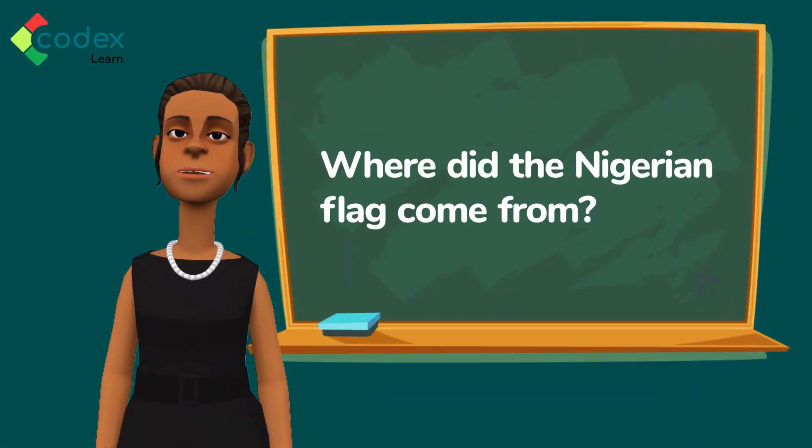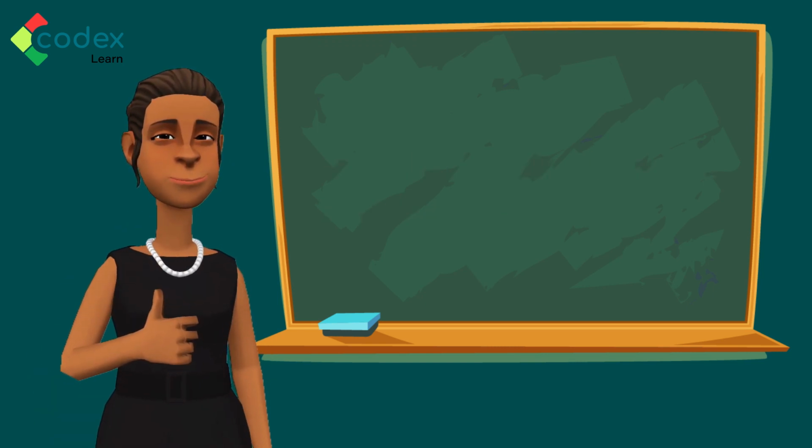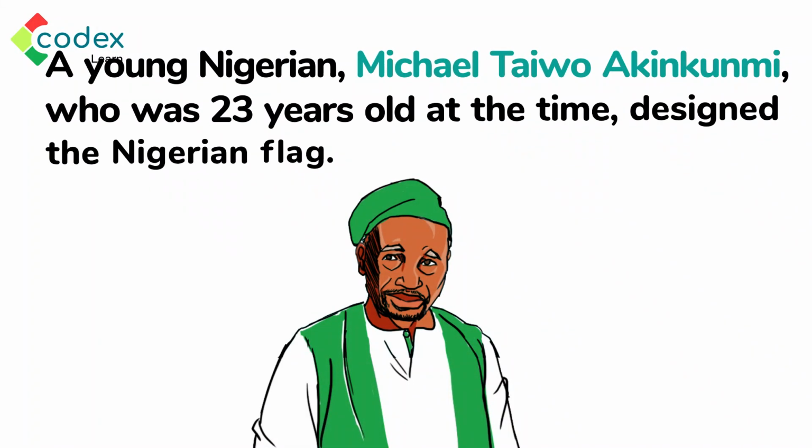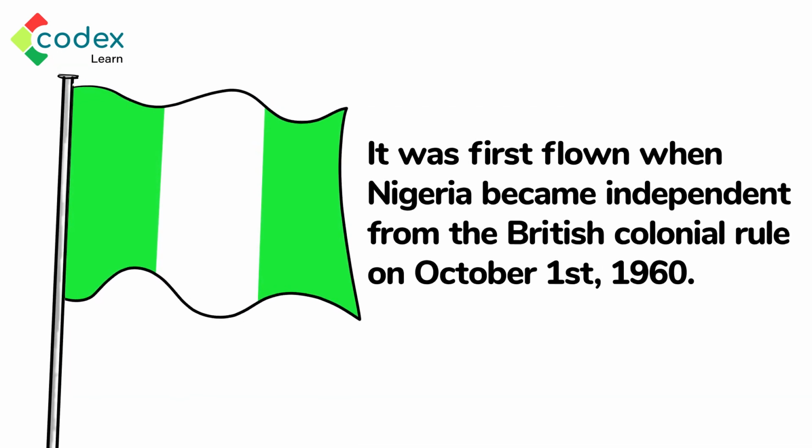Where did the Nigerian flag come from? That's a good question. A young Nigerian, Michael Taiwo Akinkumi, who was 23 years old at the time, designed the Nigerian flag. It was first flown when Nigeria became independent from the British colonial rule on October 1st, 1960.